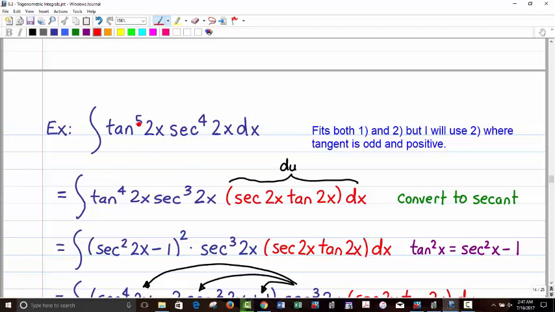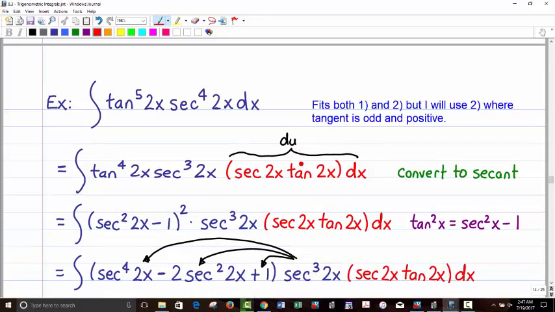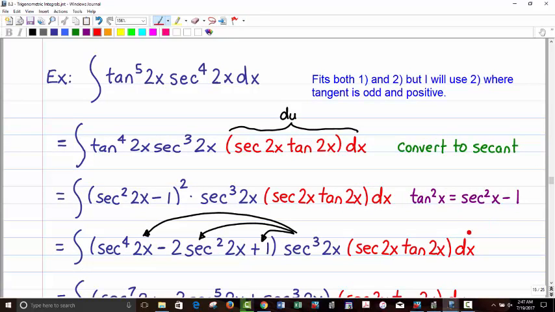So I take away a secant, take away a tangent, so it reduces both those powers by 1. So tan goes to 4, sec goes to 3. I convert to secant using the identity tan squared equals sec squared minus 1. So tan to the 4th would be sec squared minus 1, squared, because the parentheses just represents tan squared only. So you have to square it to get to the 4th.